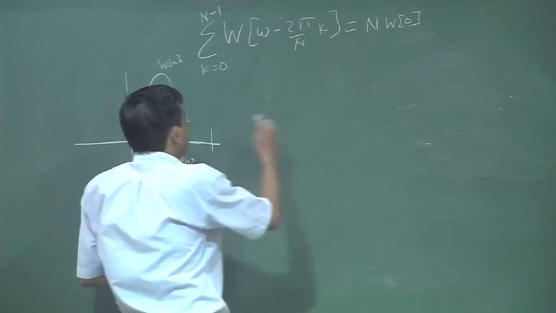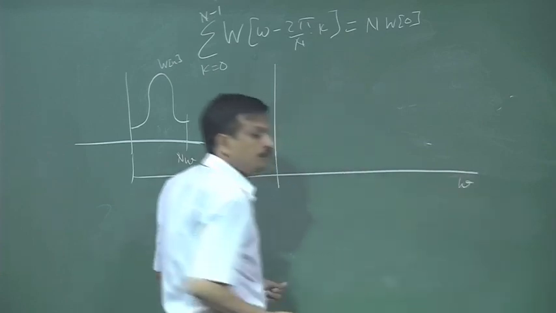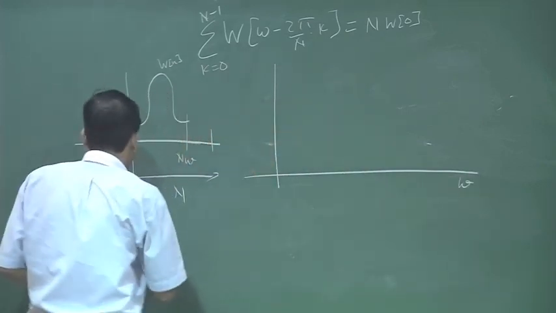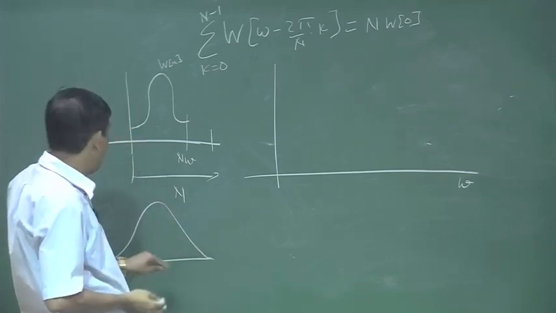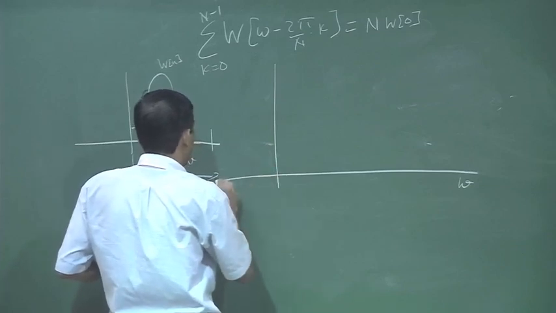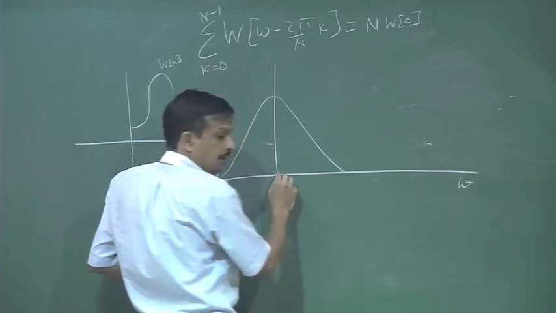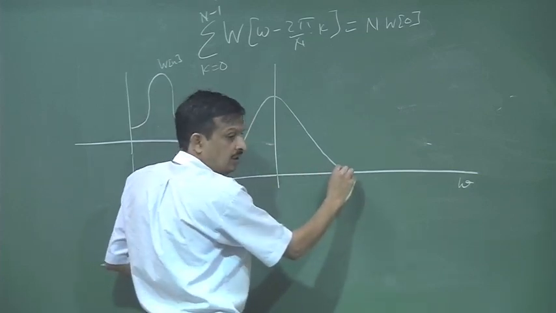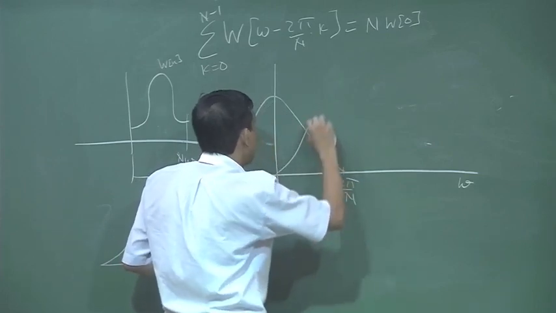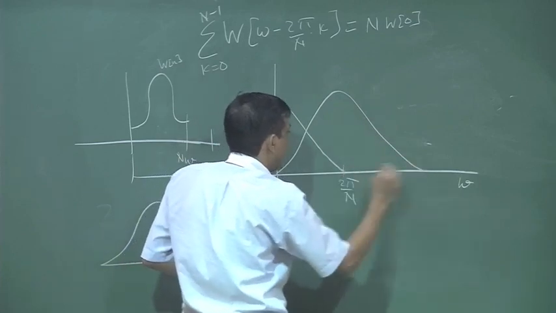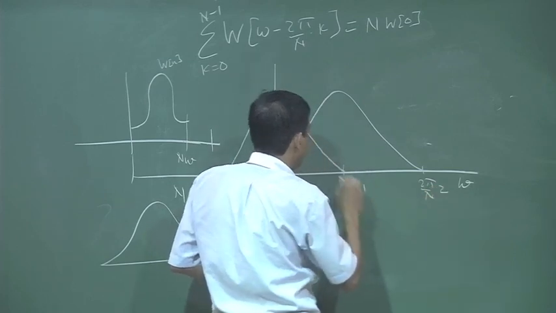Okay. So, if this is the frequency scale, this is omega, this is my filter frequency response. If this is the frequency response, then this is 2 pi by N. So, there is another filter, this is 2 pi by N into 2 into 1.